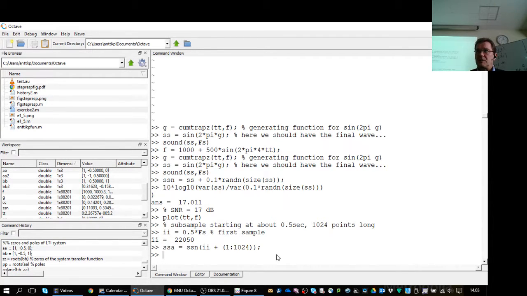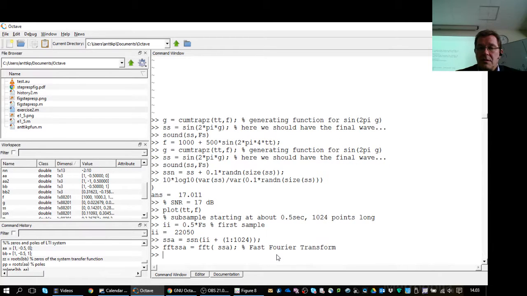And I will start doing the spectral analysis, and that's very simple. SSA equals FFT of SSA. So I just make a brute force fast Fourier transform, and that's why I also picked the 1024. It's a power of 2.